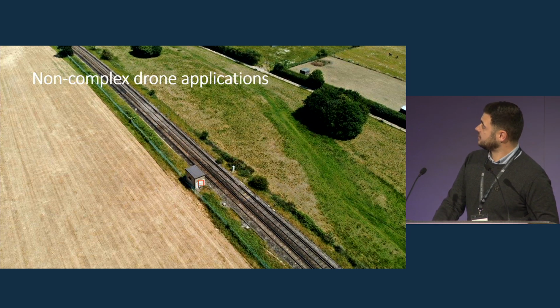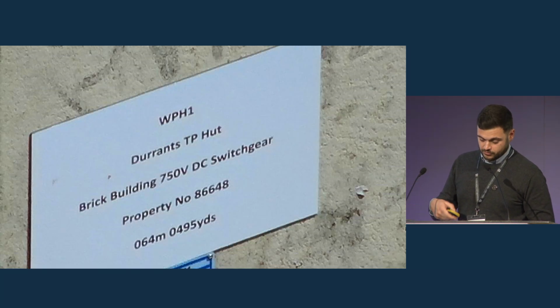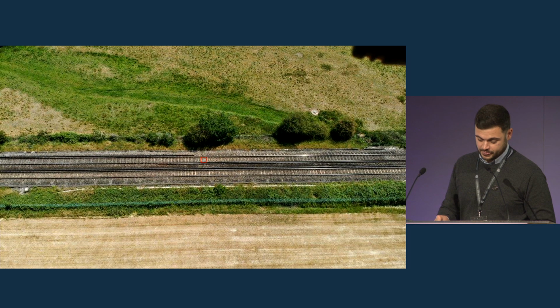Here's a photo taken, I think, about 30, 40 meters up. You can see a little red box here in the center. And you can see just from a standard drone that you can buy pretty much off the shelf relatively cheaply, you can zoom in all the way to reading a sign on the edge of that hut there.